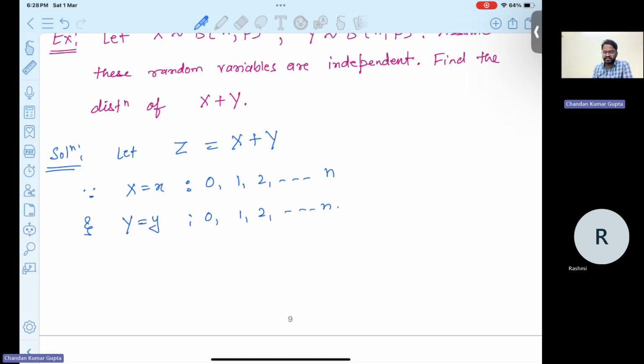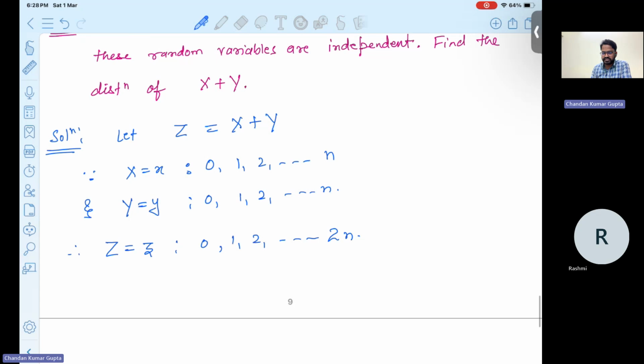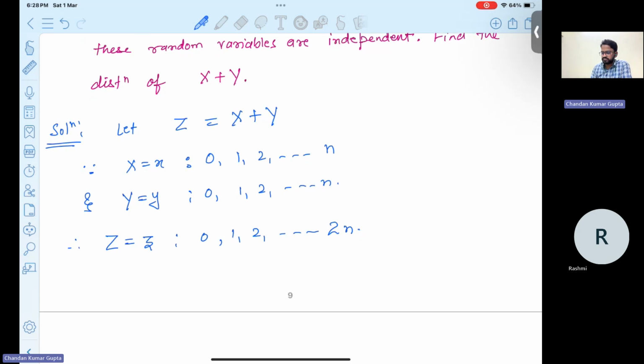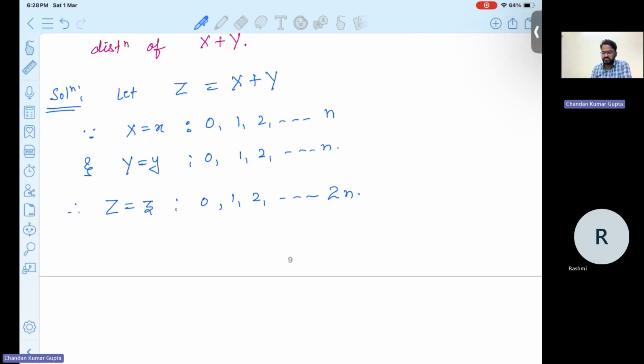Since Z is defined as X plus Y, the possible values of Z are 0, 1, 2 up to 2n. So we have the range of Z. Now we need to find the distribution of Z.